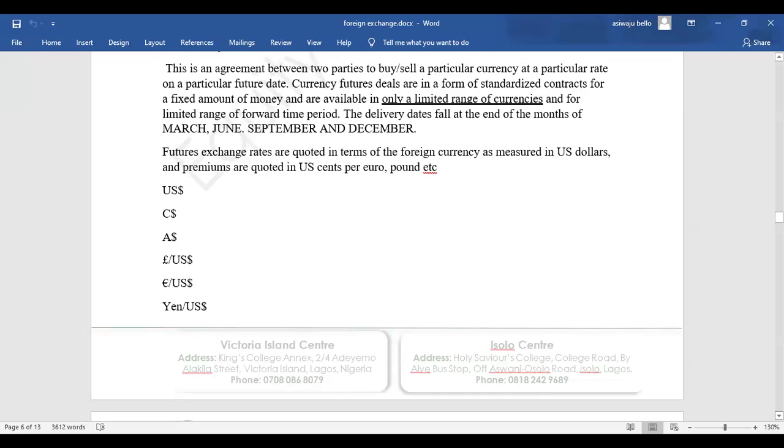What are these currencies? United States dollar, Canadian dollar, Australian dollar, British pound sterling, euro, yen, and Swiss franc. And the contract is for a limited forward time period. Most contracts are for a 3-month period.